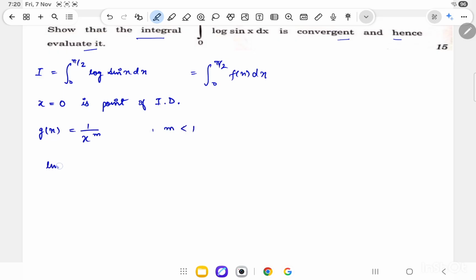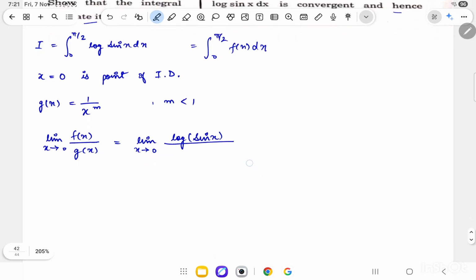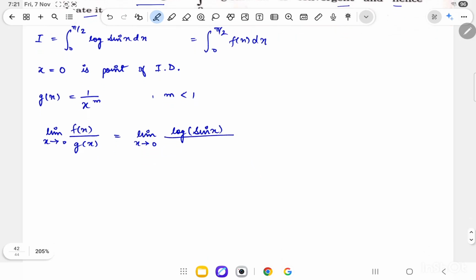Now if I evaluate the limit as x approaches 0 of f(x) by g(x), it will be equal to the limit as x approaches 0 of log of sin x divided by 1 by x raised m.